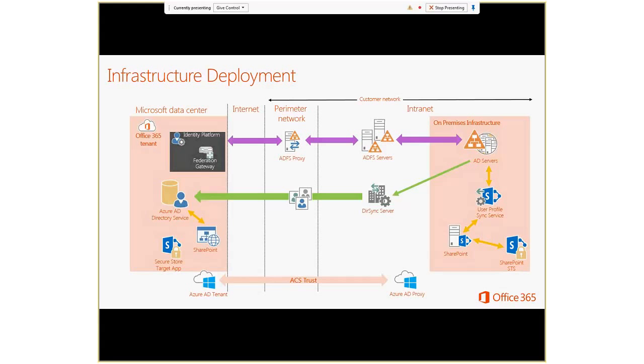Of course, to enhance the user sign-in experience, you can choose to deploy ADFS servers on-prem, deploy an ADFS proxy, and build an ADFS trust with Office 365, and then ensure that we have a single sign-on experience for the users who are trying to retrieve results from SharePoint Online.